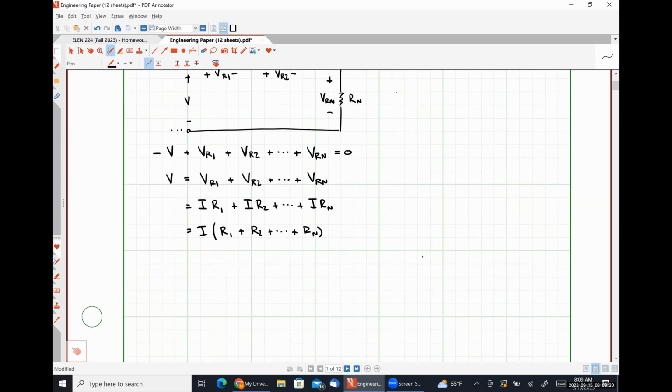So in this case, our equivalent resistance, Req, is just going to be the ratio of that voltage V to that current I, which is simply the sum of resistors R1 plus R2 all the way out to R sub n. So effectively, whenever we have resistors in series, we just add the values together and treat it like a single equivalent resistance.